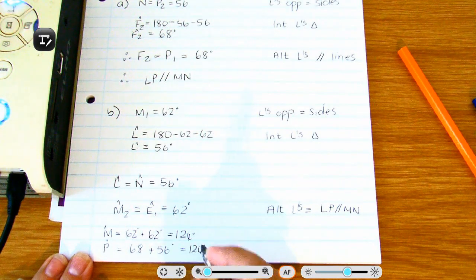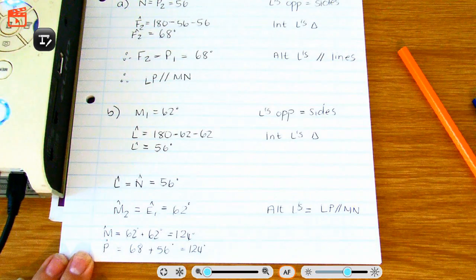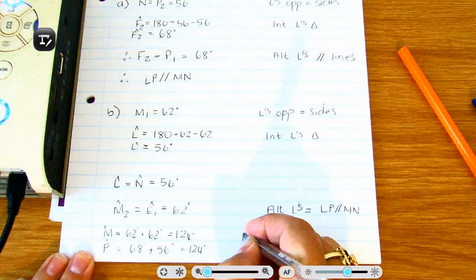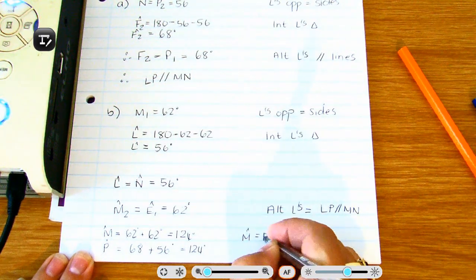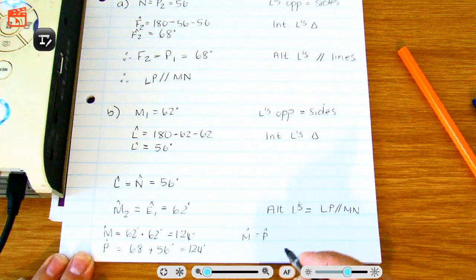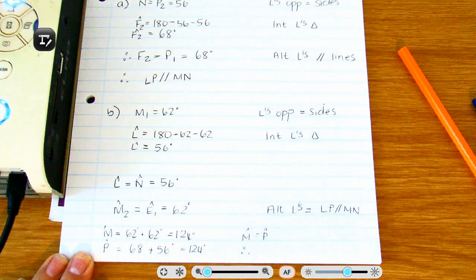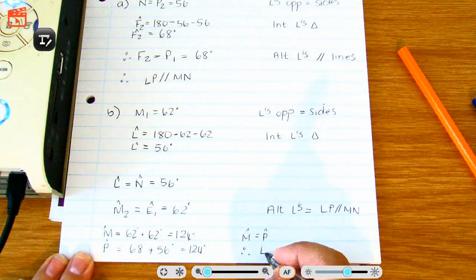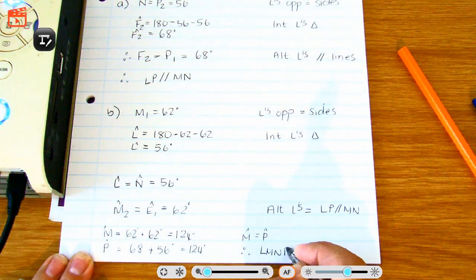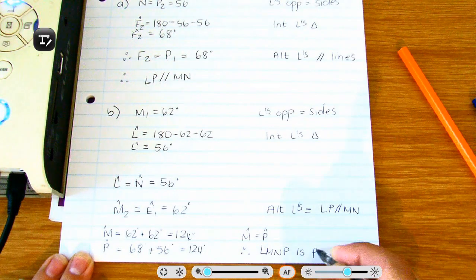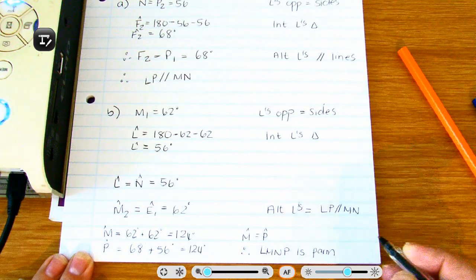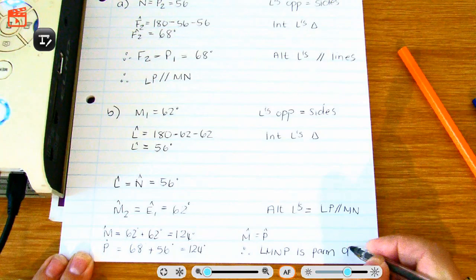Okay, and from there we can then say that angle M is equal to angle P, and I'm running out of space here, but you would go on to the next page. Therefore, LMNP is a parallelogram, and your reason would be opposite angles are equal.